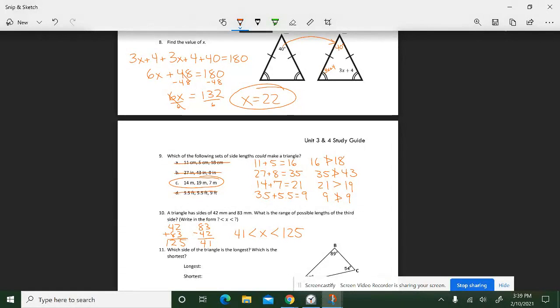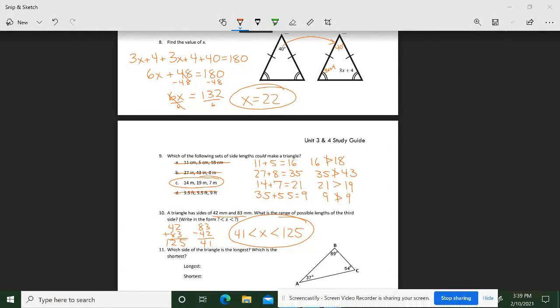So that's how I'm going to write my answer. I'm going to say x is bigger than 41, but less than 125. And I get those numbers by adding the two numbers they give me and by subtracting the two numbers they give me.